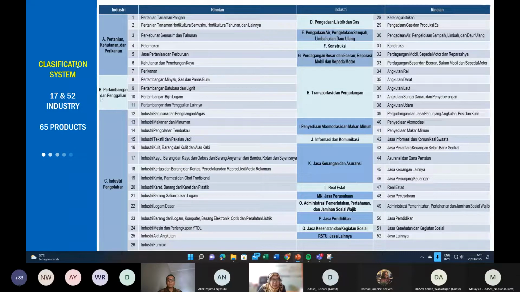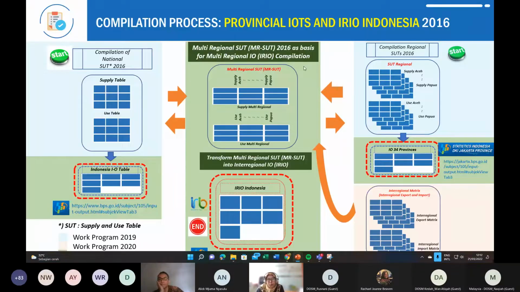So in Indonesia, for the purpose of similarity and standard in integrating data, we set the industry dimension into 17 and 52 industries and 65 products in a row. The compilation process is depicted in this slide.